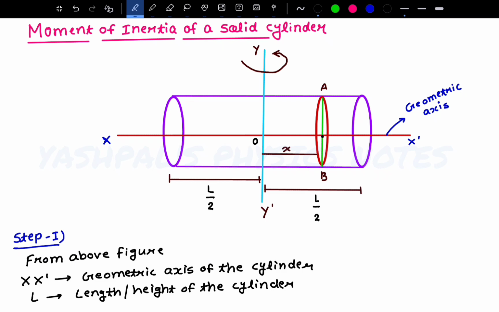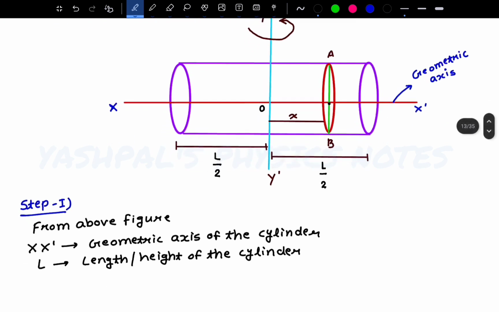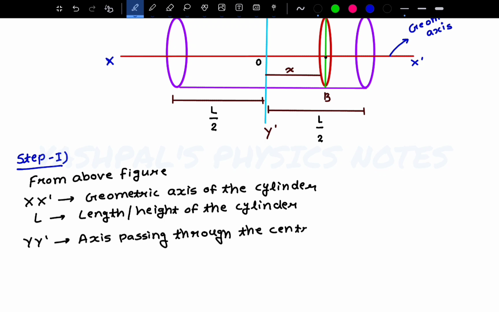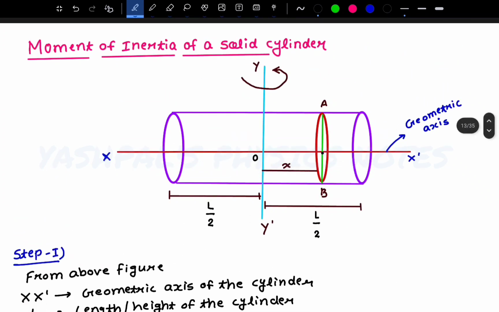Here y dash axis is nothing but the axis passing through the center and perpendicular to geometric axis of the solid cylinder. So here I am writing y dash is nothing but the axis passing through the center of cylinder, and here you can see it is perpendicular to the geometric axis of the cylinder.